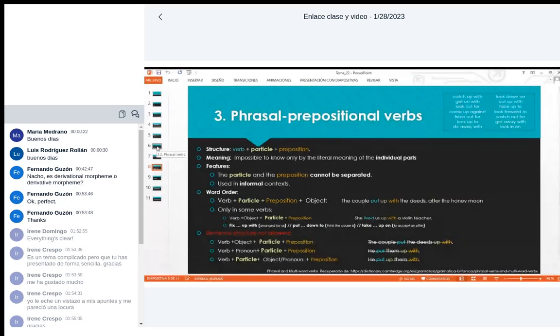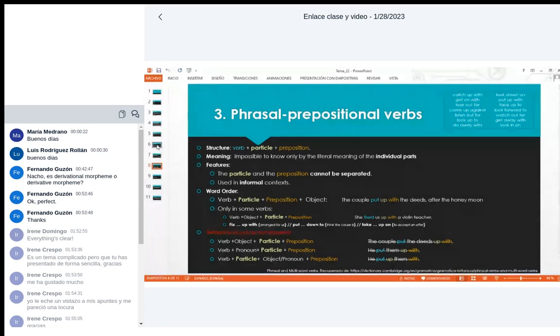Now, the phrasal prepositional verbs are a combination of the previous phrasal verbs and prepositional verbs. These are phrasal verbs that include a preposition because the preposition needs to complement the current phrasal verb. The structure is a verb plus a particle followed by a preposition.